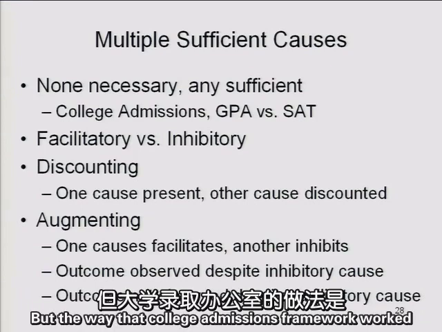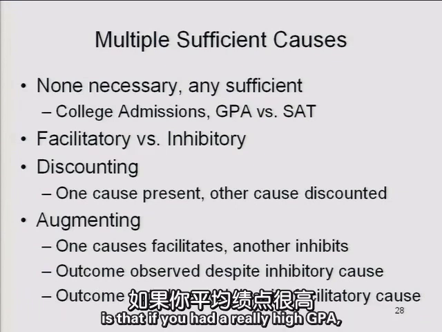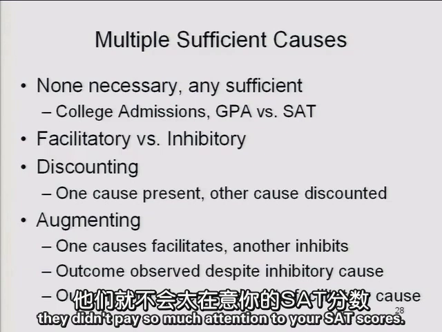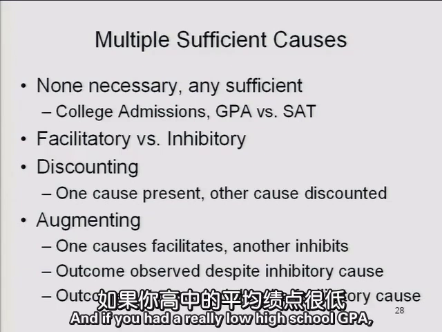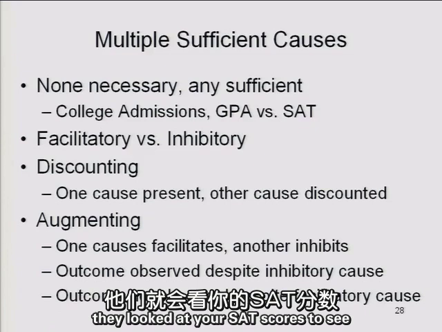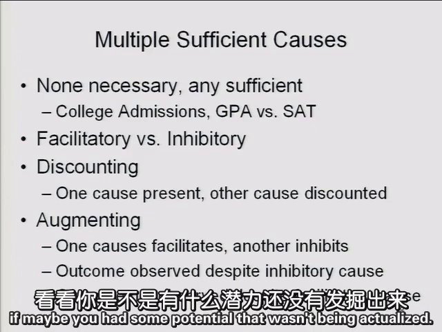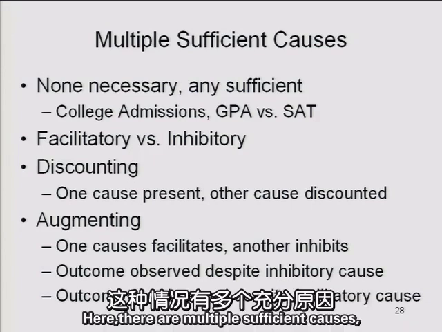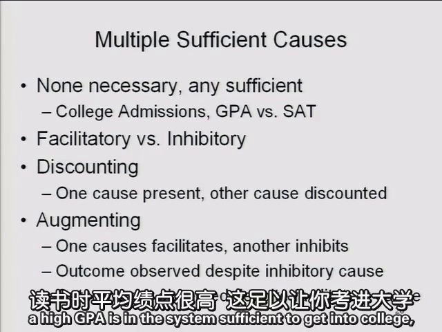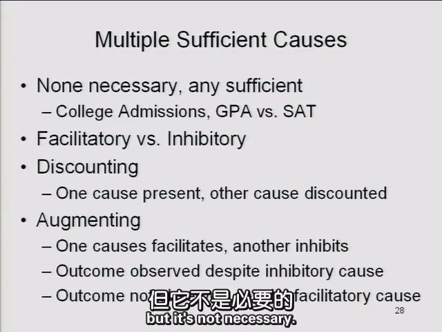But the way that college admissions framework worked is that if you had a really high GPA, they didn't pay so much attention to your SAT scores. And if you had a really low high school GPA, they looked at your SAT scores to see if maybe you had some potential that wasn't being actualized. Here, there are multiple sufficient causes. A high GPA is, in this system, sufficient to get into college, but it's not necessary.